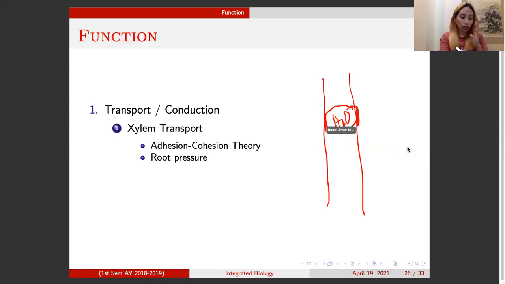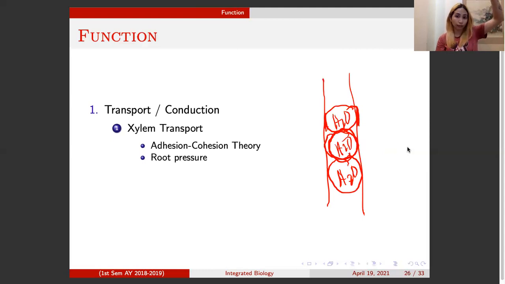And since water molecules have cohesion between two water molecules, one water molecule pulls the next water molecule, and the next one, and this is the reason why there is a taut water column. And the reason it does not fall is that the molecules are adhered to the walls of the xylem. So the whole translocation of water through the xylem is guided by this idea.